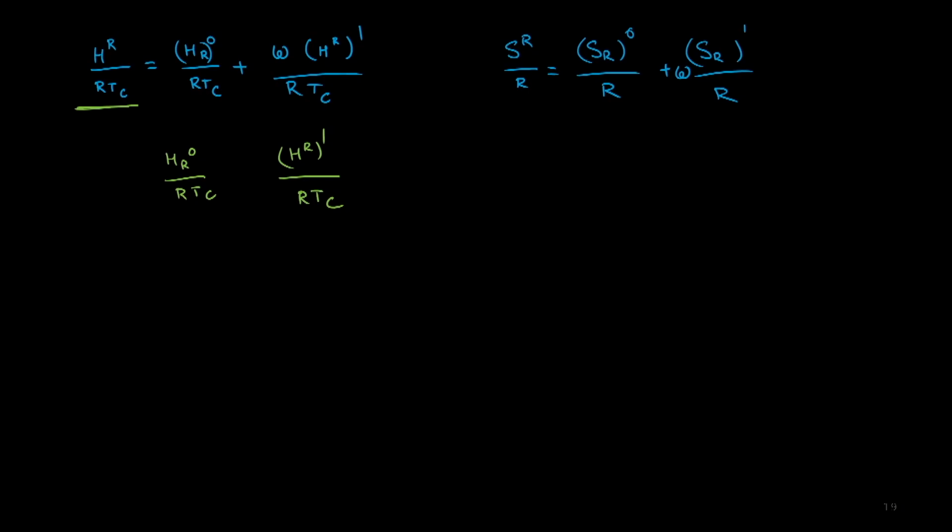In fact, as we have seen earlier, the contribution of the second term in these Lee-Kessler tables depends on the condition, but it is smaller compared to that of the first term. So for a very quick first-hand calculation, one can in fact get away looking at values of Z naught or HR naught or SR naught, etc. for the simple fluids. That will give a quick estimate.